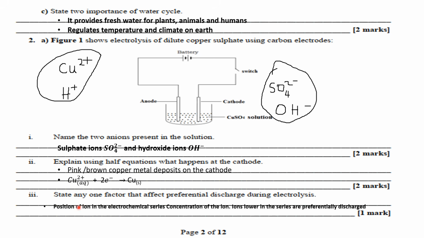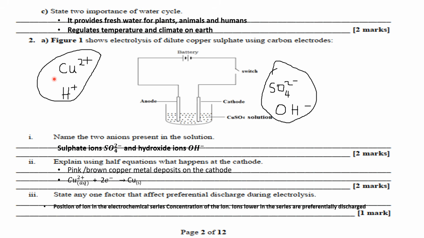The ions which are lower in the electrochemical series have the greater potential to be preferentially discharged, either to gain electrons or to lose electrons.